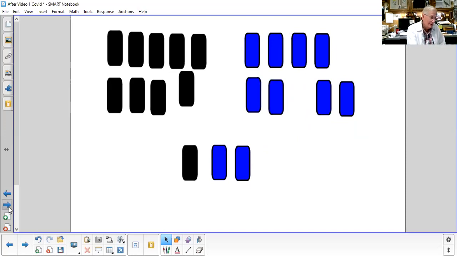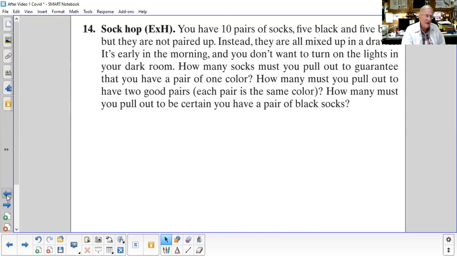All right, let's go back. How many socks must you pull out to have 2 good pairs of socks of the same color? Now, there can be a pair of black ones, a pair of blue ones. That's okay. They can all 4 be black, and they could all 4 be blue. But they got to have 2 pair. Now, let's take a look at that.